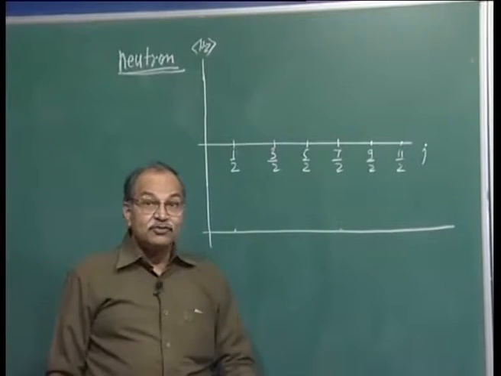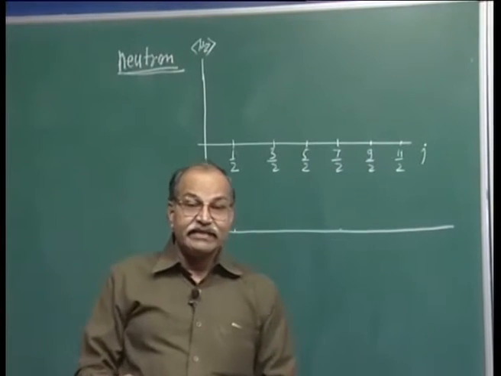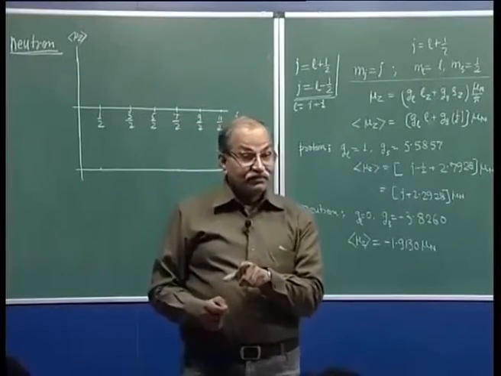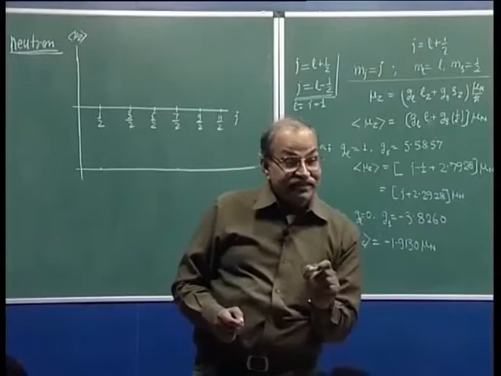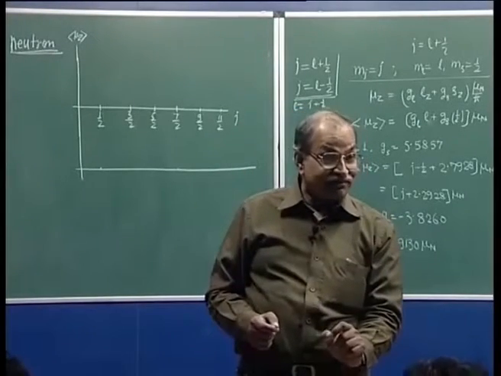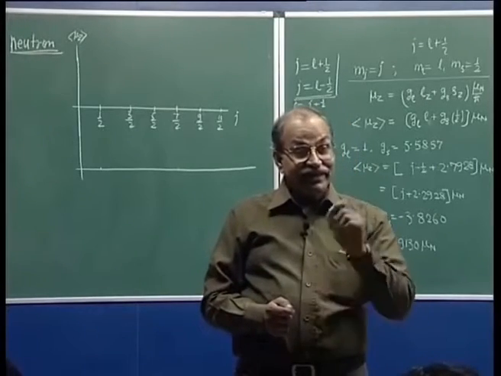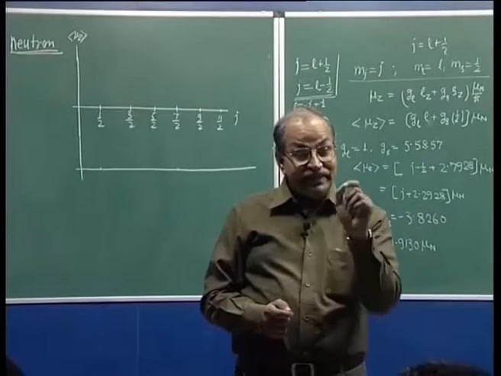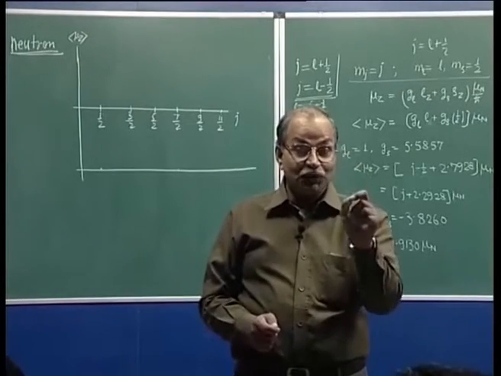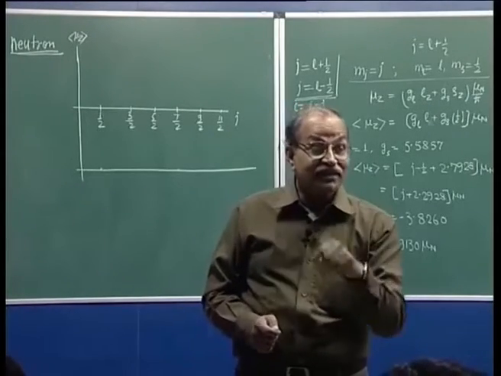Whereas, if this last neutron is in a state where J is L minus 1/2, like the P 1/2 state or D 3/2 state, there J is L minus 1/2. D 3/2, J is 3/2 and D means L is 2. So, J is L minus 1/2.